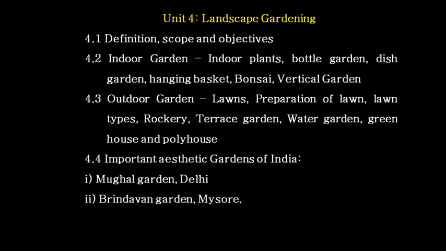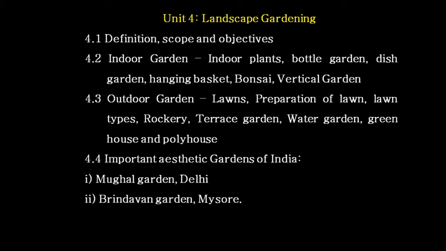Many of the students ask, sir, what is the scope for botany? So basically, by doing your BSc botany, or becoming a BSc botany graduate, and after doing a short-term diploma or short-term course on landscape gardening, you can do your own business of landscape gardening. Many of the constructors ask landscape gardeners to design their gardens.